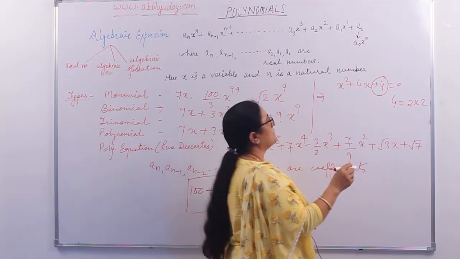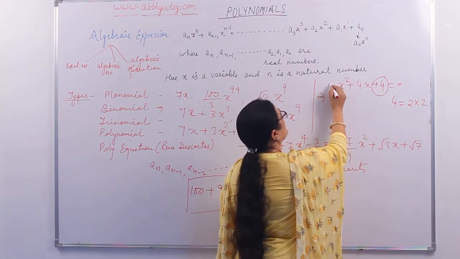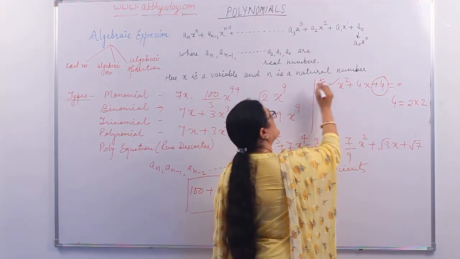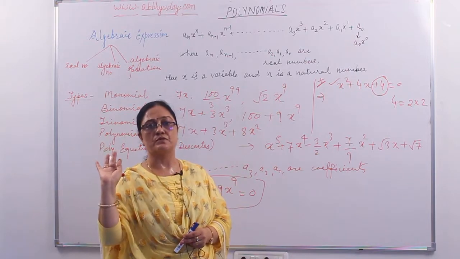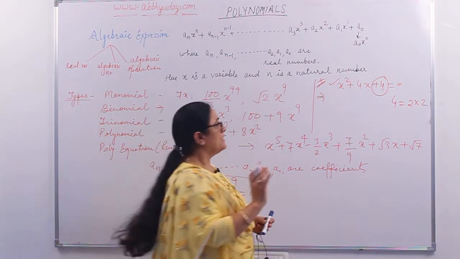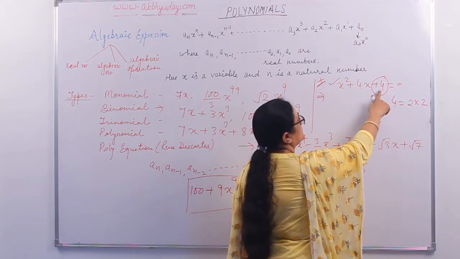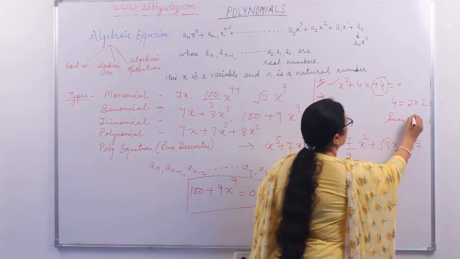And the second thing which we see, very important: if the sign is positive, x square should be positive only. If it is not positive, change the signs of the entire equation. Make x square positive first. Now check the sign of the last term. If it is positive, then you have to write the sum of factors.